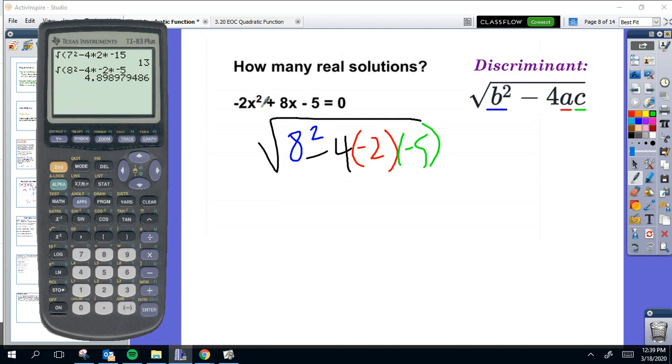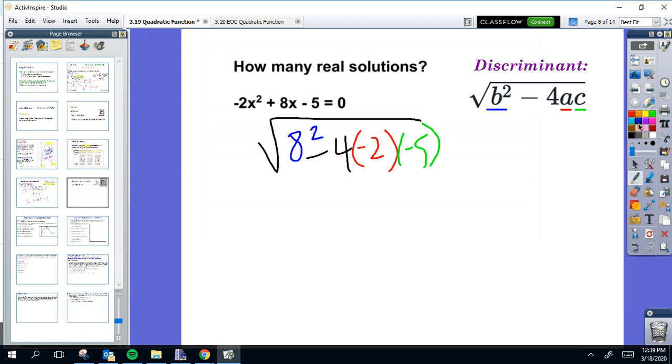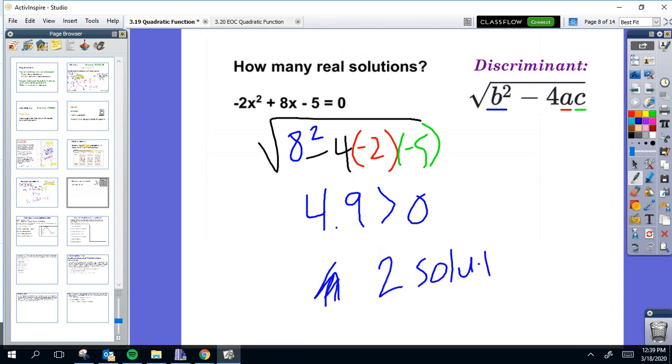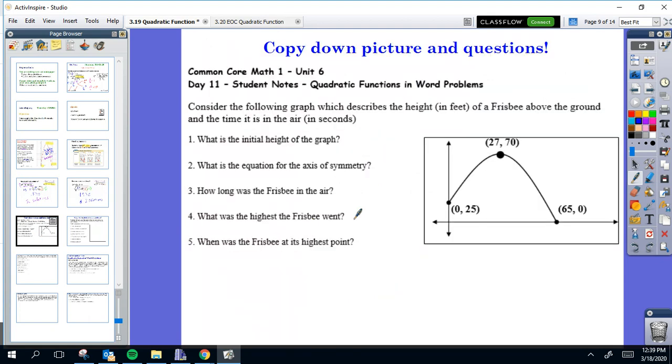And you're going to have 4.9. Since 4.9 is greater than 0, this one's also going to have two solutions. And that's it. That's all I want to focus on for discriminants.